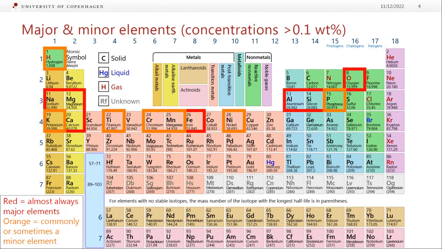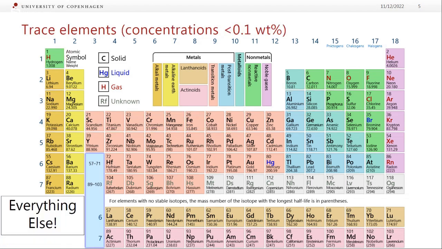But if you look at how much of the periodic table we've covered there, we've left a lot of real estate unused. These are all the elements with concentrations more than 0.1%. Just to remind you, 0.1 to 1% is a minor element, and more than 1% is a major element. So trace elements have less than 0.1 weight% in rocks, and it's basically everything else.